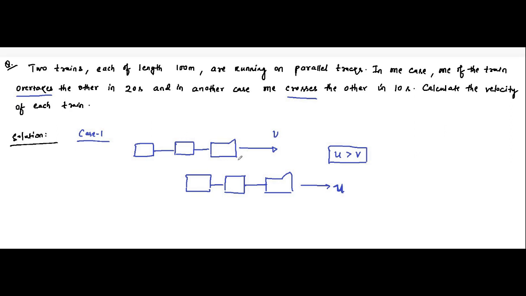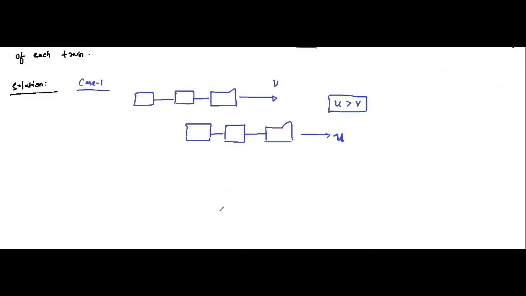So let us understand what this overtaking process means. Overtaking means this entire train, with the last bogie of it, completely crosses this point. Let's say the first train started here, and the overtaking process started here.